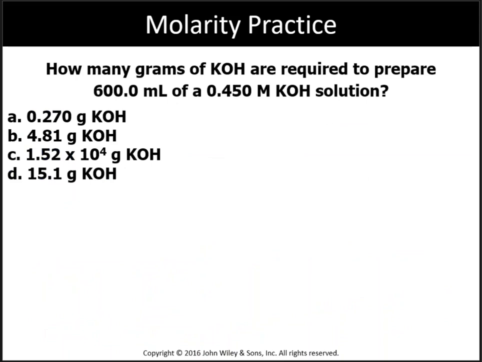Let's look at another example. How many grams of potassium hydroxide are required to prepare 600 milliliters of a 0.450 molar potassium hydroxide solution? So we have a potassium hydroxide solution.